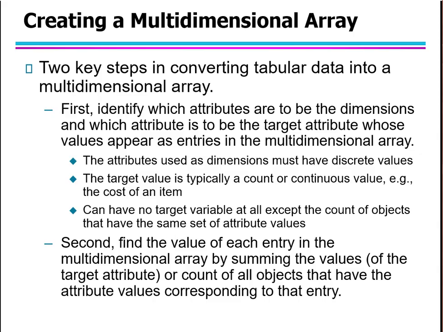The attributes used as dimensions must have discrete values, while the target value is typically a count or a continuous value. In some cases, there might be no target variable other than the count of objects that have the same set of attribute values. Second, we find the value of each entry in the multi-dimensional array by summing the values or counting all objects that have attribute values corresponding to the entry.